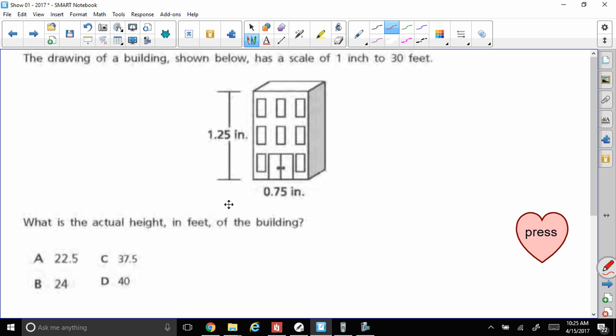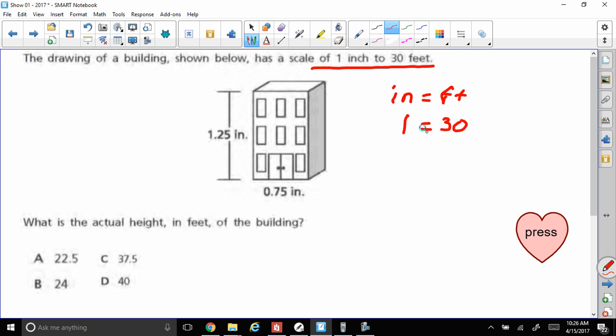Okay, so we have a scale here of 1 inch to 30 feet, and that represents the amount of feet per inch. So I'm going to set up proportions comparing that scale of feet and inches.